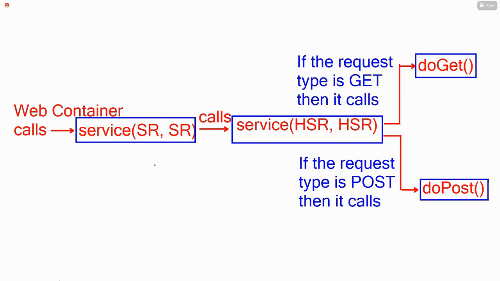Suppose you observe, if you override this one, then your method is called and it stops there only. Suppose you override this one: first this is called, it will call this one, and whatever you write here is executed, and stops. If the request type is get, it is called. If post is there, it is not called. Here, if you override this one, first this is called, it will call this one.